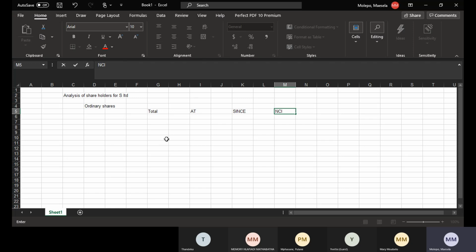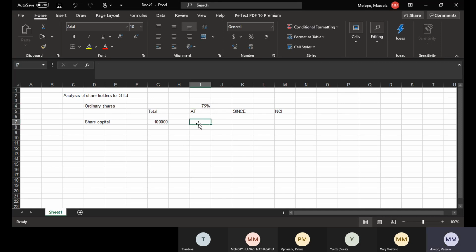Then at the acquisition as per adjustment number 1, the share capital, when we acquired him, was sitting at 100,000 as per the abridged statement of financial position versus the statement of changes in equity. Based on the percentage, we acquired 75% of the shares.